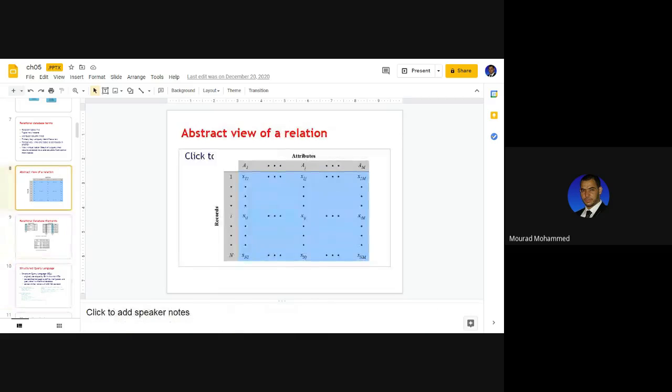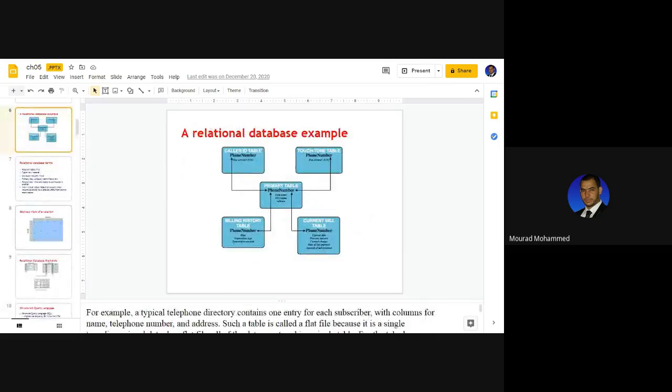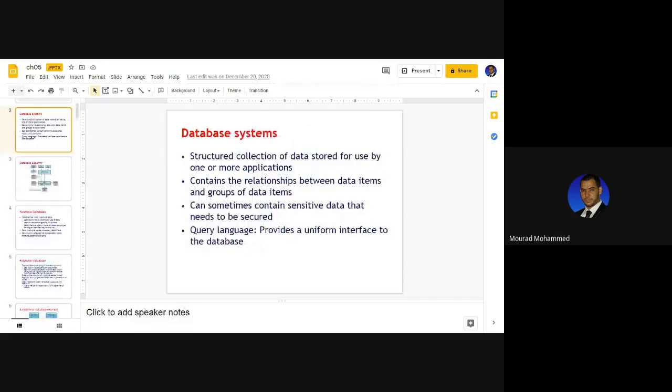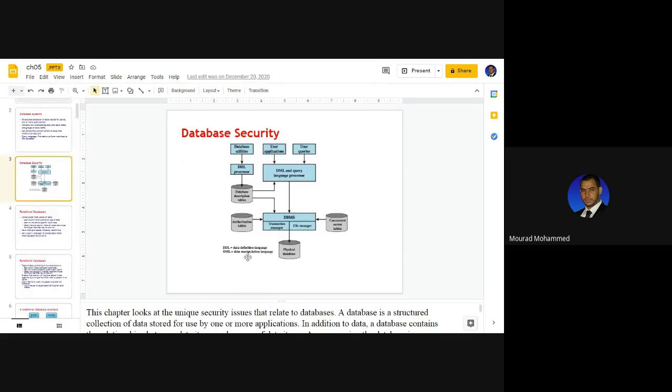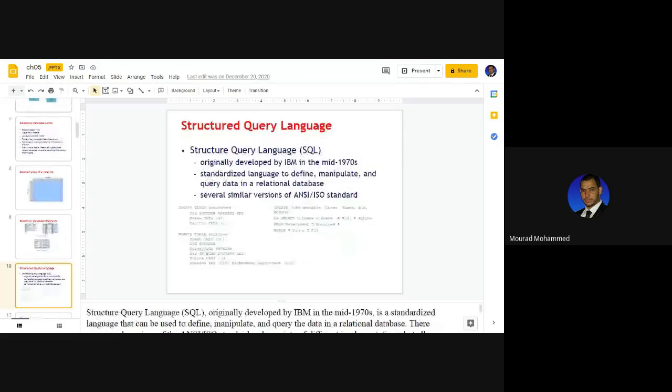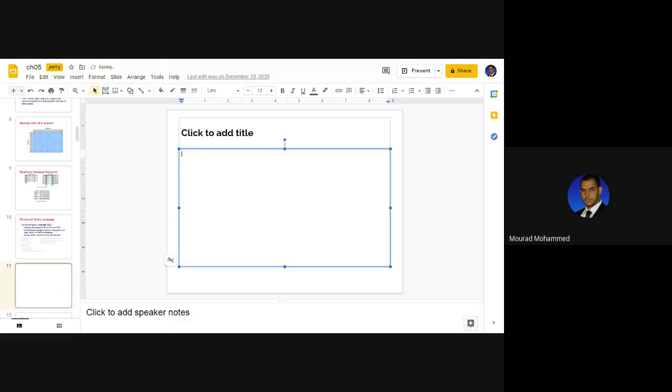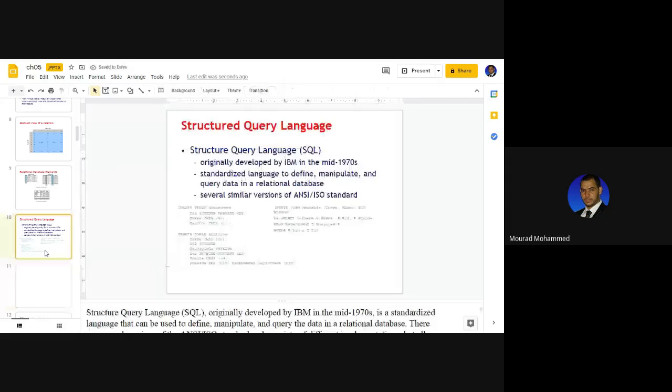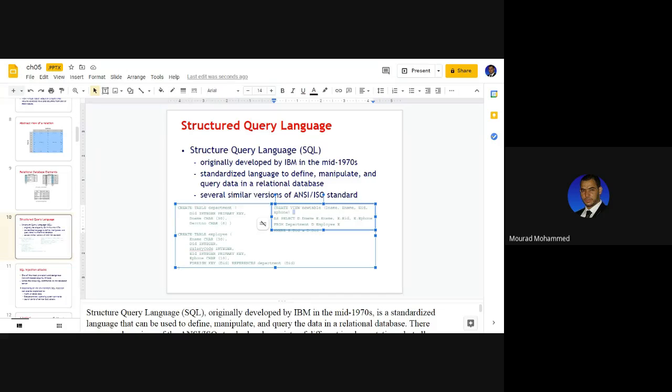I come back one step, a little bit. The DDL, the data definition language, we see it in this view: creating table number one, creating table number two, and creating a view.